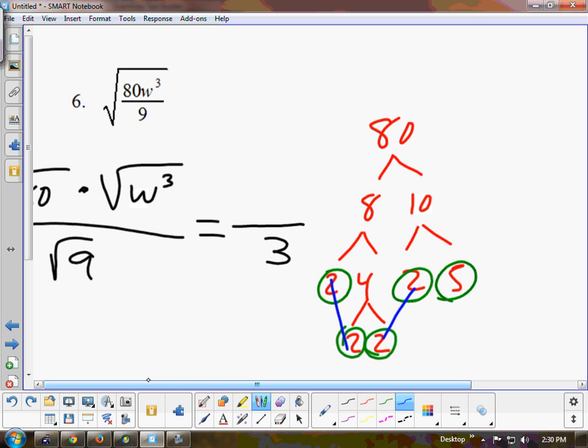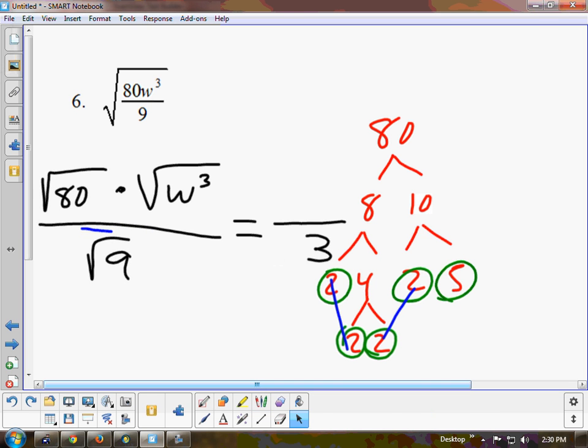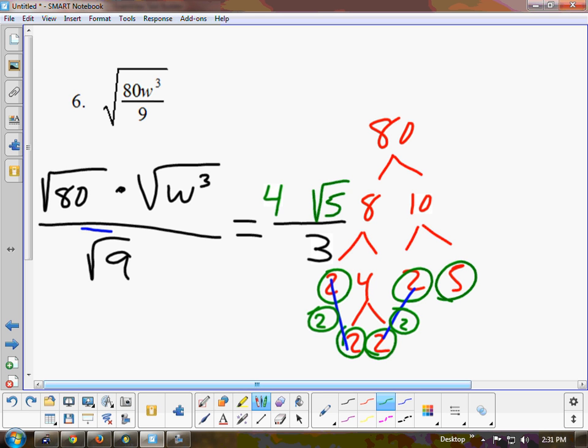So on this thing over here, I can bring out 2 2's, which makes a 4. 2 times 2 is 4. So this produces a 2, this produces a 2, and a 4 comes out. The 5 stays in, and the 5 stays in. Square root of 5.